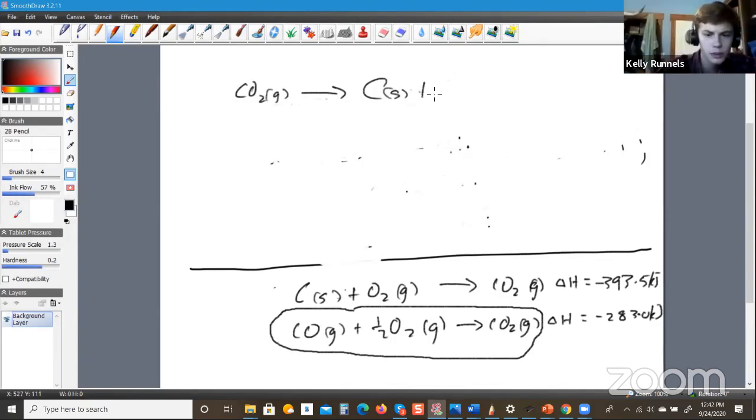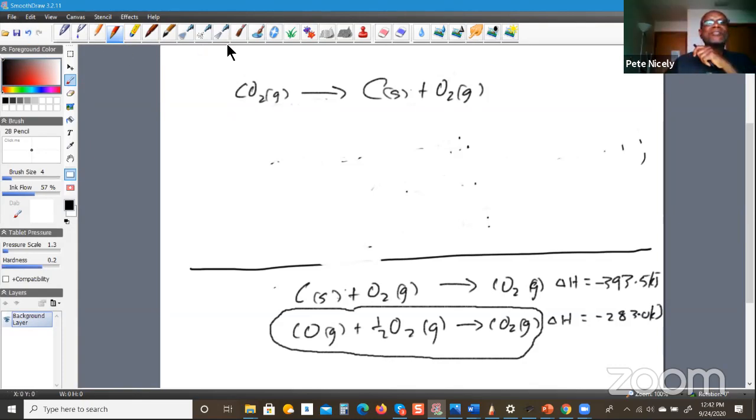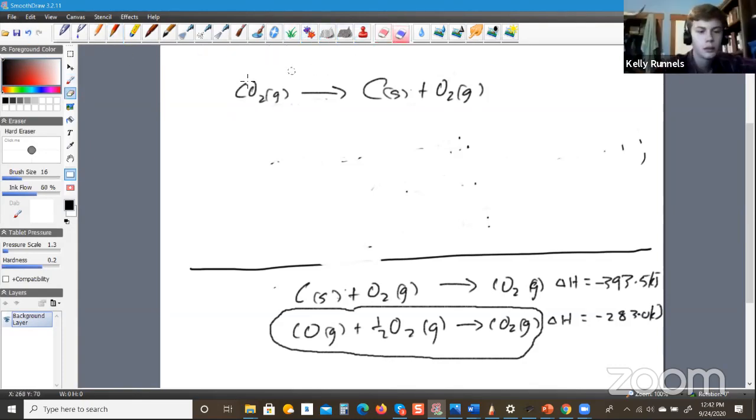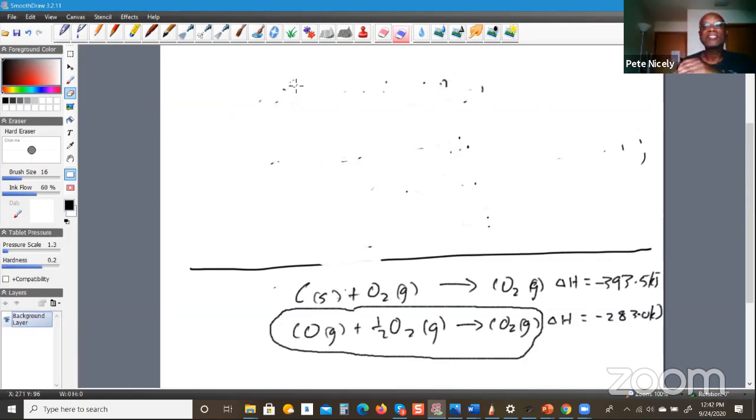Oh, wait, wasn't the one you were going to flip the one with carbon monoxide and the half oxygen? Yeah, I knew I was doing something wrong. Yeah, you're right. Thank you very much for picking up on that. Yeah, so it is CO2 gas to form CO gas plus half O2.